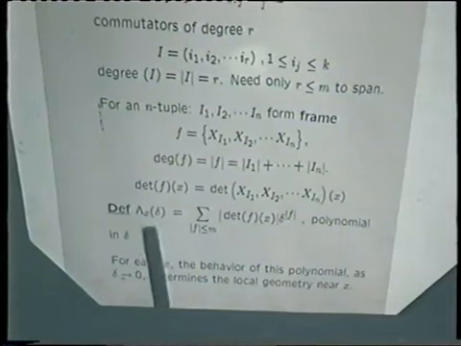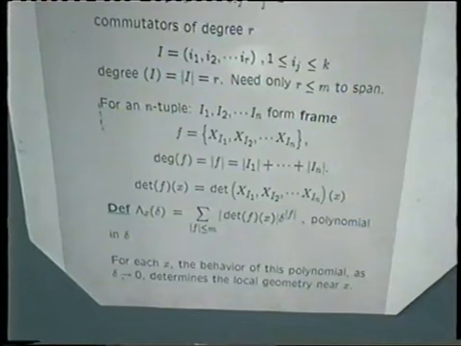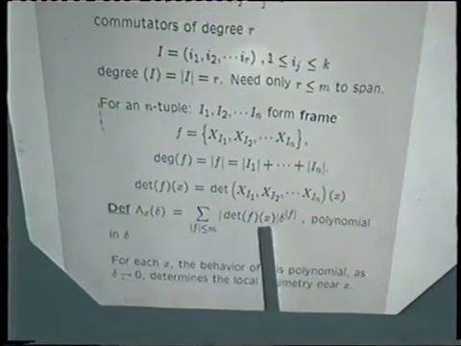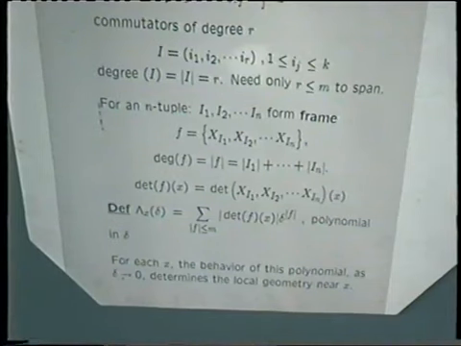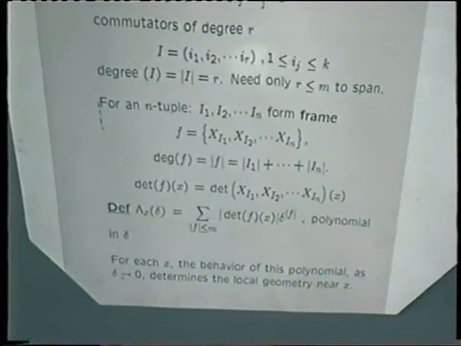And now you form a function of delta, a positive parameter. It's really a polynomial in delta, which encodes all of these numbers: the determinant of the frame times delta to the power of the degree of the frame. And this function, lambda sub x of delta, this polynomial, determines the local geometry near x.